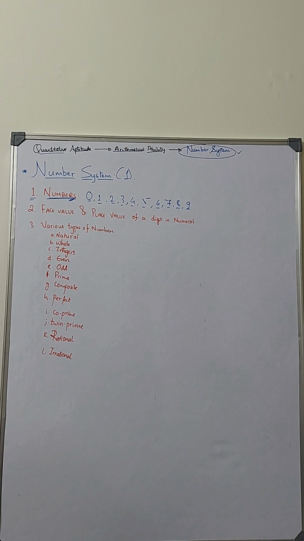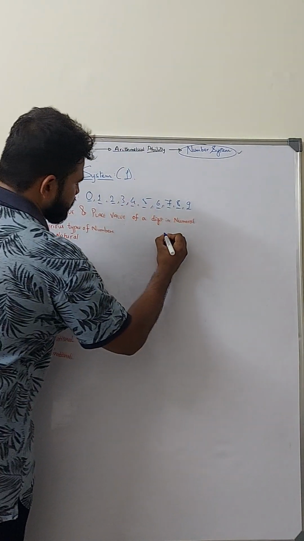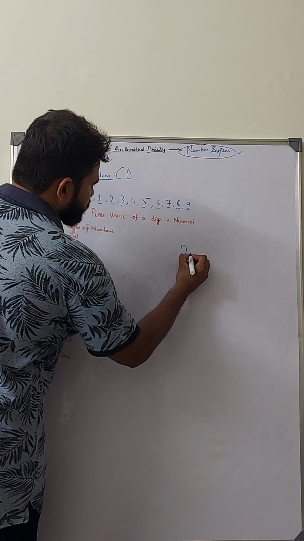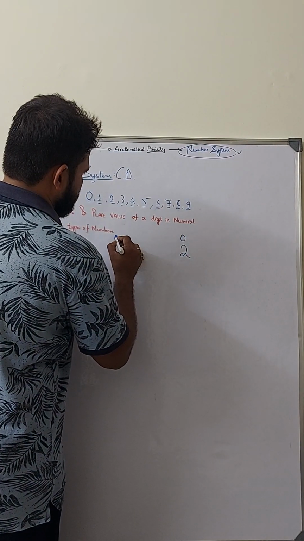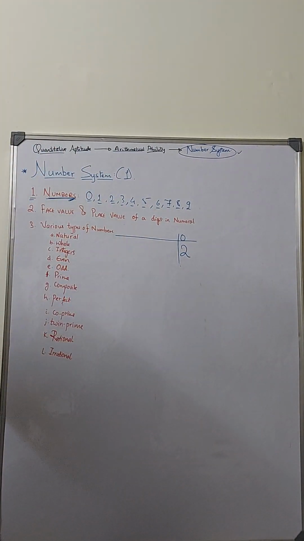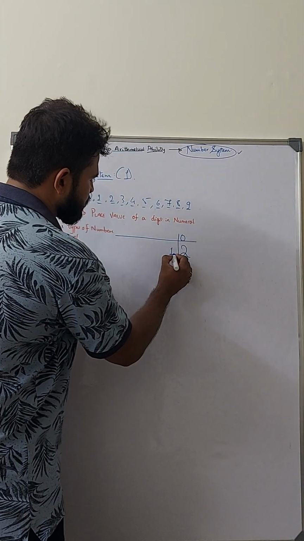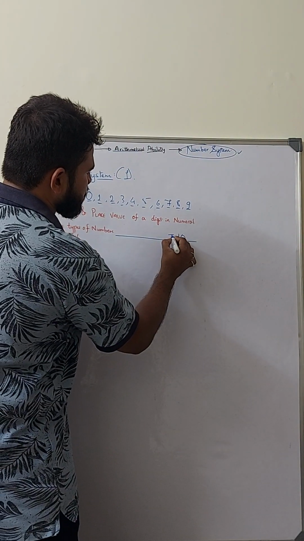And to define a number, we use the place value chart. For example, if there is one single number, this is 2, we'll call it ones. We'll just draw it roughly here. If the number is 12, this is the tens place.